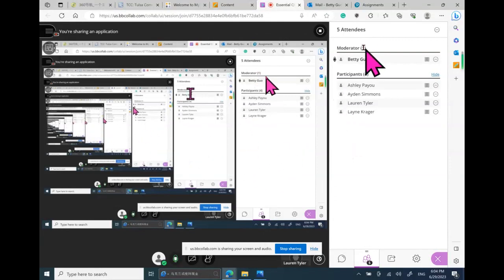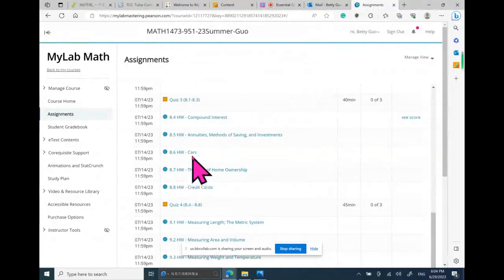All right, so with the definition understood, let's go to section 8.5 in MyMathLab and practice problems in this section.